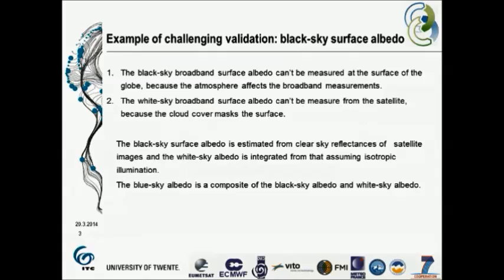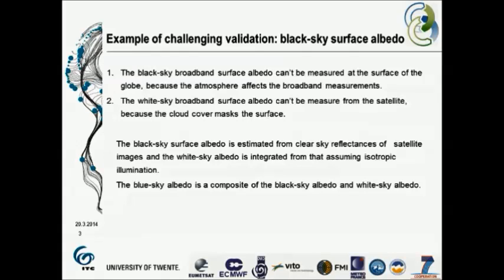And for the white sky broadband surface albedo, it's the other way around. The satellite cannot really be thought to be measuring it, because white sky albedo corresponds to a situation of completely overcast sky, and the satellite in optical wavelengths does not see through the cloud cover. So we can measure the white sky albedo in situ, but we have no corresponding white sky albedo product directly from satellite measurements, otherwise than defining first blue sky and black sky albedo.